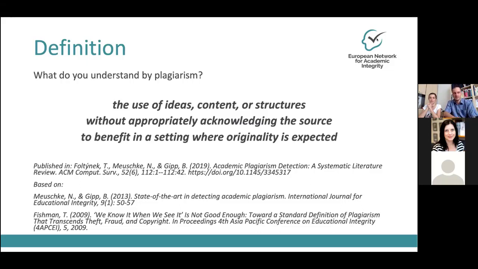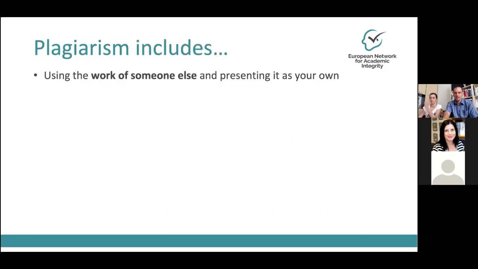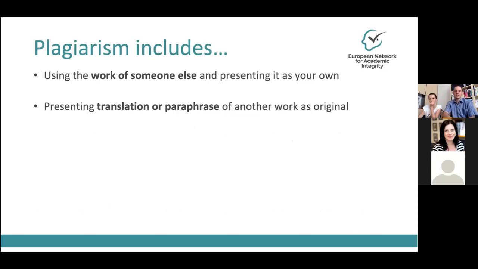And you may know, or I'm sure you know, that in a lot of areas, people learn by copying. Painters, sculptors, and even small children, when they learn how to write, learn by copying. And of course, it is not plagiarism, because in this case, originality is not expected. So plagiarism includes using the work of someone else and presenting it as your own.